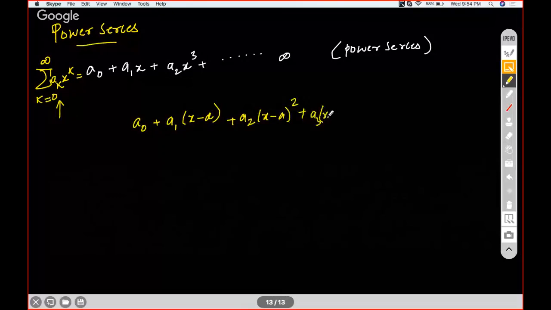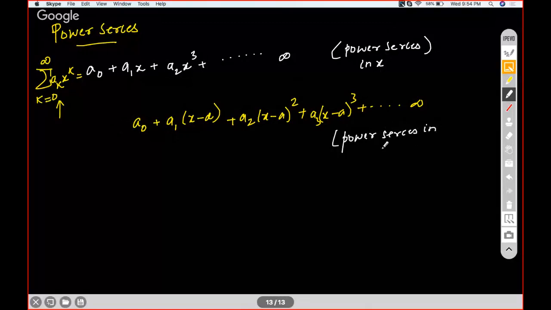This is also a power series. The first is called a power series in x. This would be called a power series in x minus a. This is very important to understand, because there are two power series which we are going to deal with. One is called the Taylor series and the other is called the Maclaurin series.